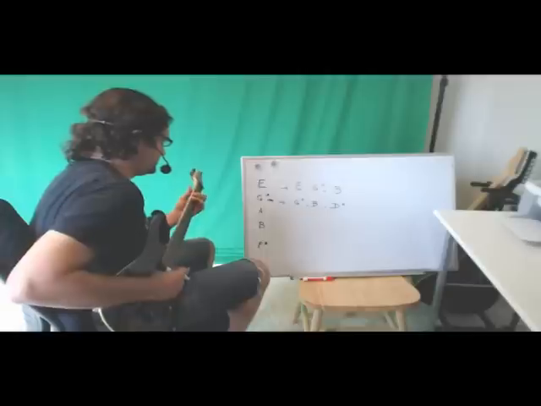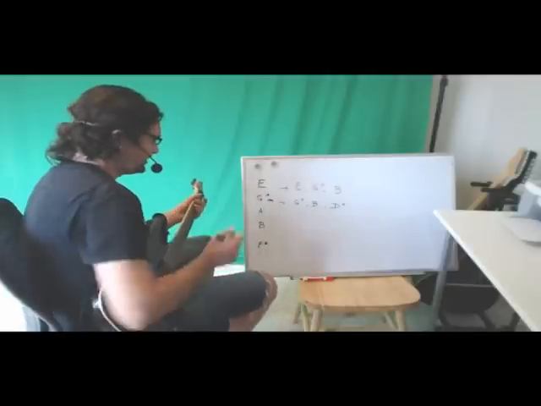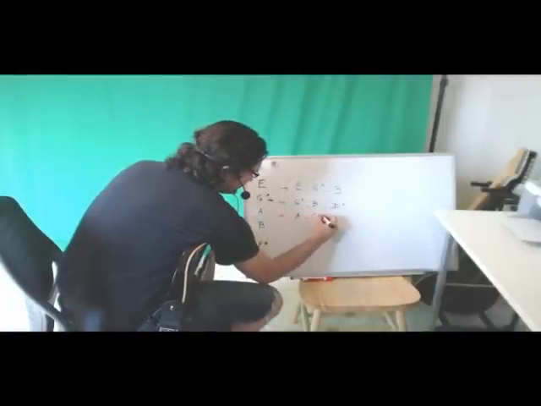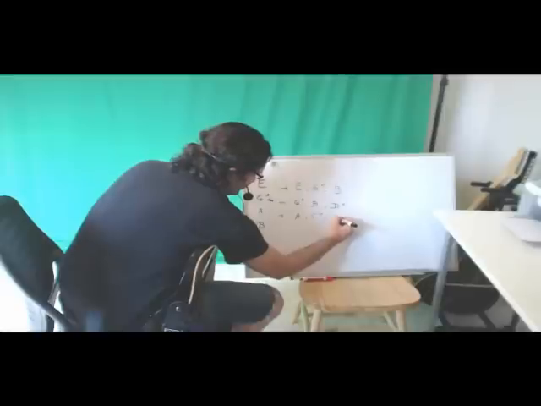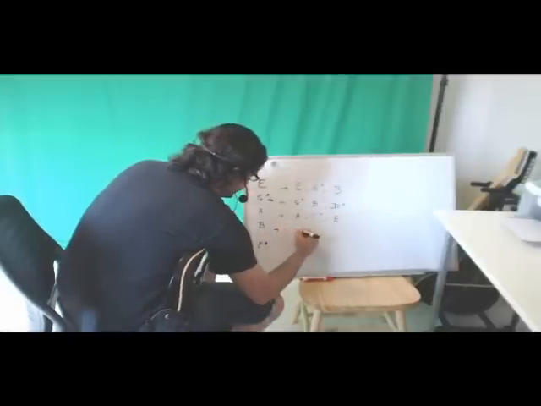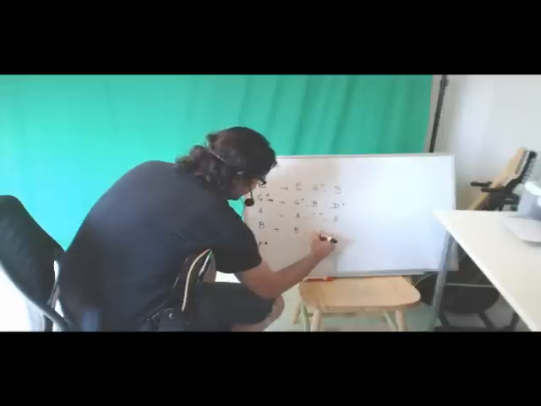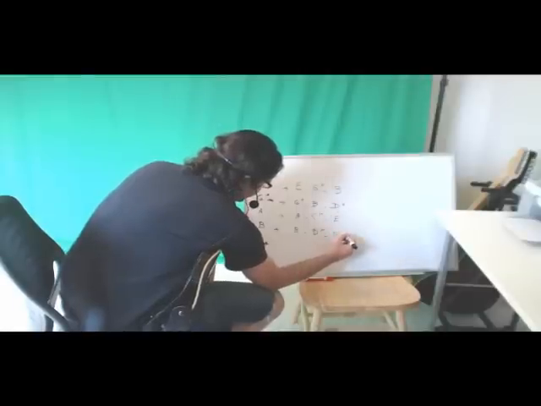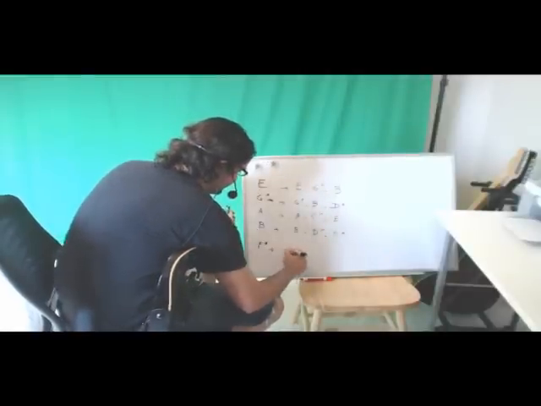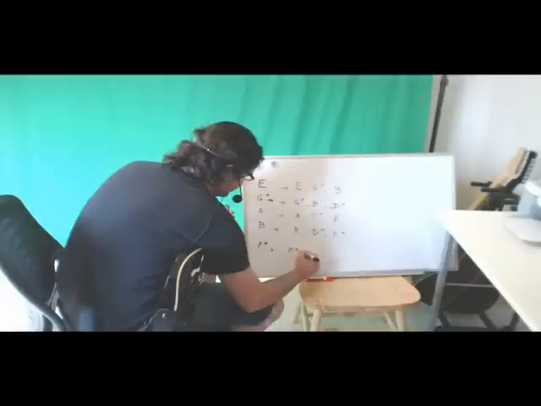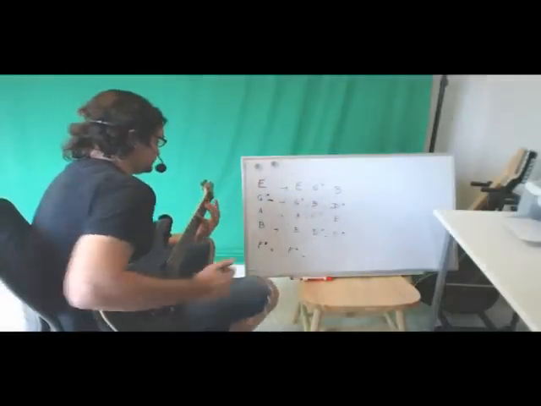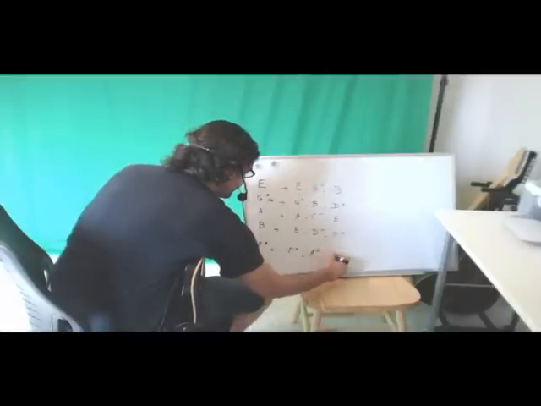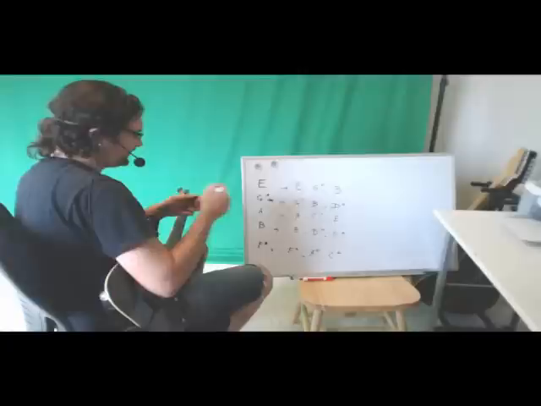A is made of an A, a C sharp, an E. B is made of B, D sharp, F sharp. F sharp is made of an F sharp, A sharp, C sharp. So this is what we have.